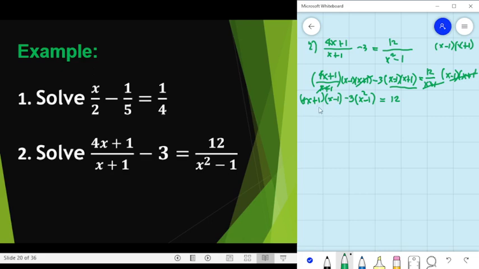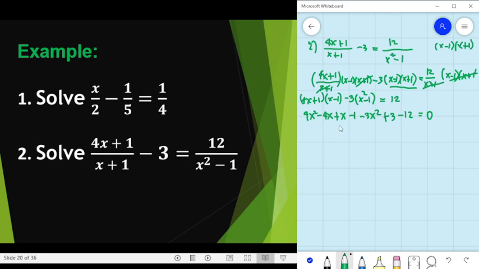So simplify this one. We have 4x times x is 4x squared. 4x times negative 1 is negative 4x. 1 times x is positive x. Then 1 times negative 1 is negative 1. Then negative 3 times x squared is negative 3x squared. Negative 3 times negative 1 is positive 3. Minus 12 is equal to 0.